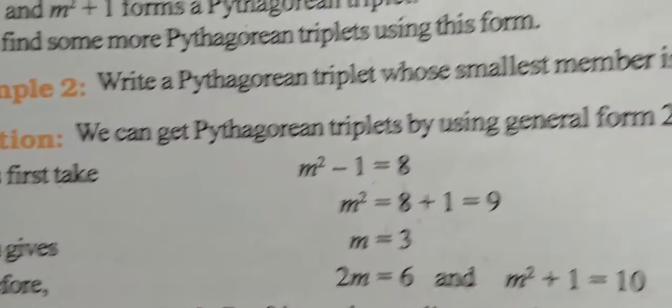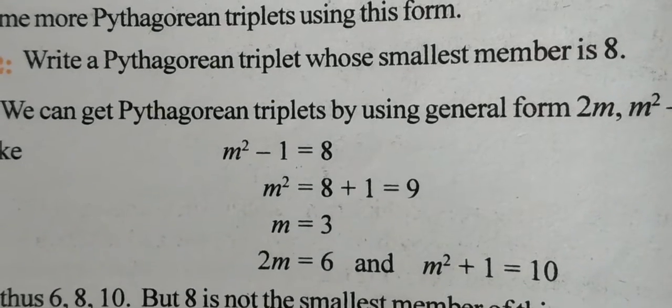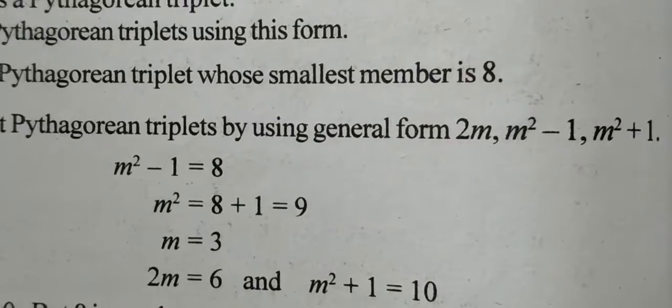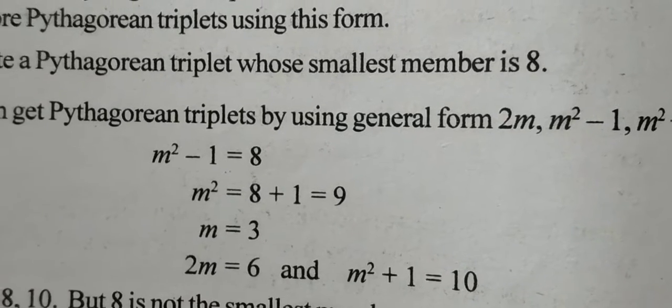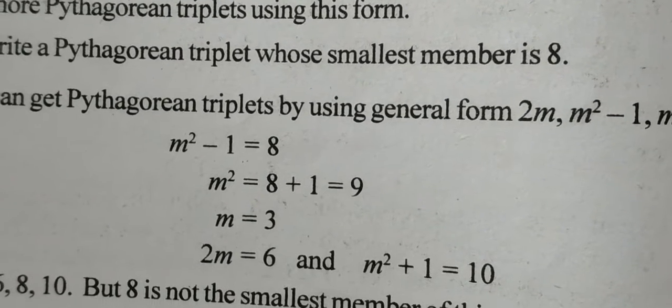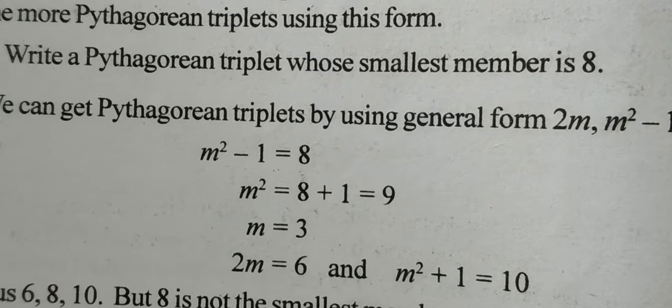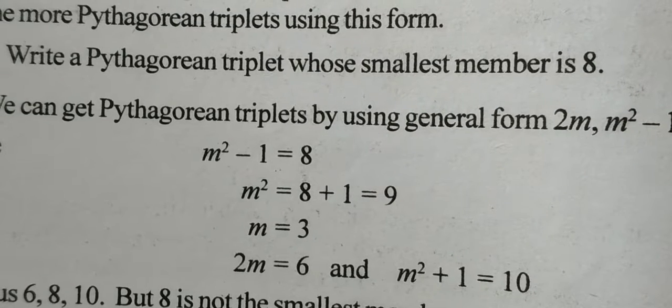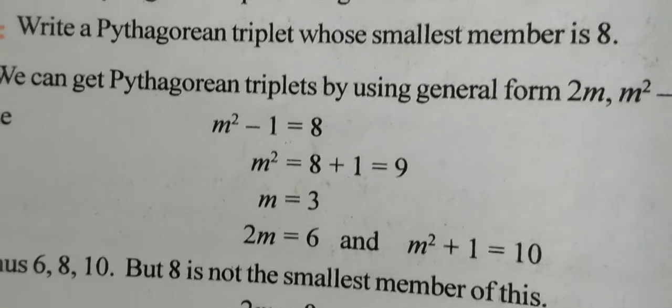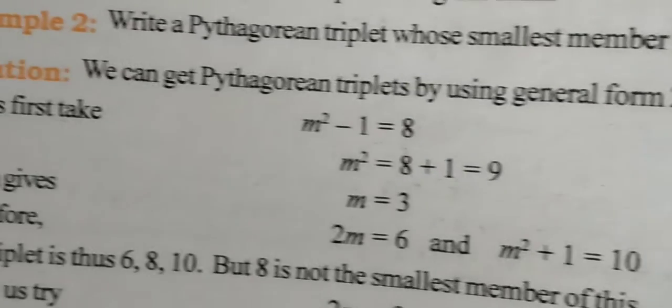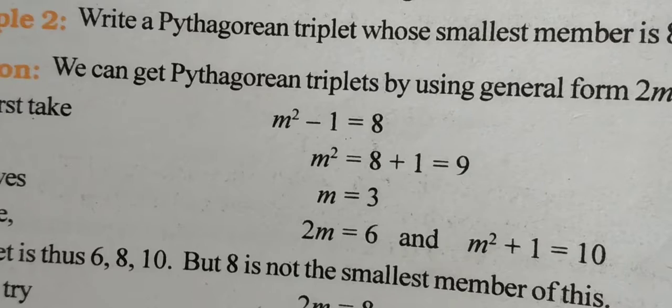Let's first take m square minus 1 is equal to 8, because 8 is not a square, it's just a simple number. So m square minus 1 is equal to 8. Taking 1 to the other side, we get m square is equal to 9, since 8 plus 1 is 9. Square root of m square equals square root of 9, which gives 3. So m is equal to 3.